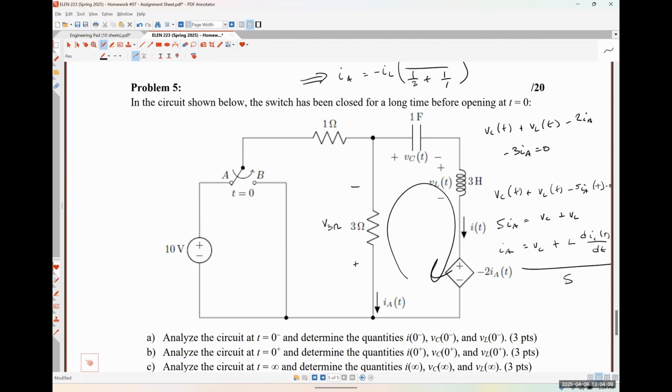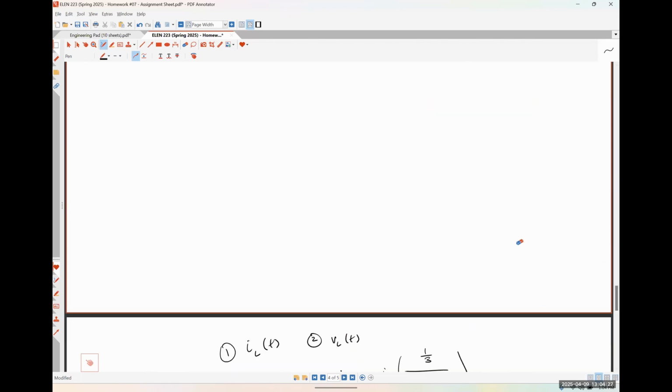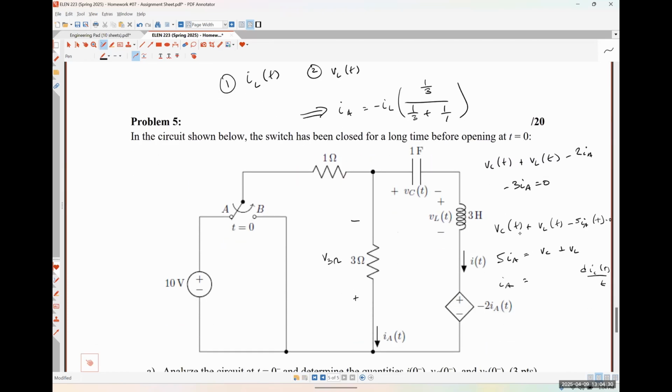For the equivalent resistance, why do we care about the dependent source? Because it exists. Whenever we're trying to find the equivalent resistance of our circuit during the transient condition, we take our energy storage elements out, which is just these two, leaving behind a network that contains a dependent source connected to two resistors in parallel, and we need to find the equivalent resistance of that dependent source connected to those two resistors in parallel.